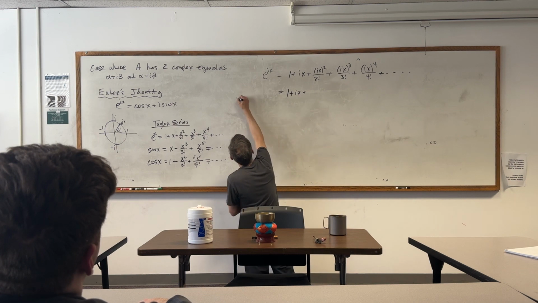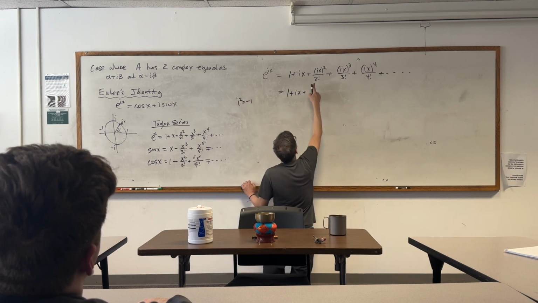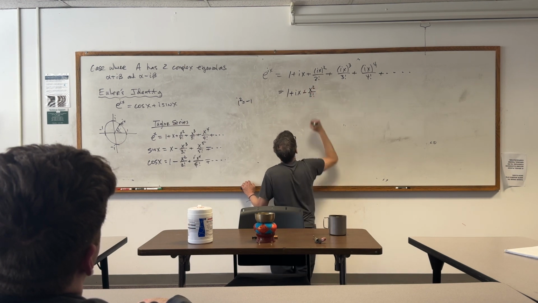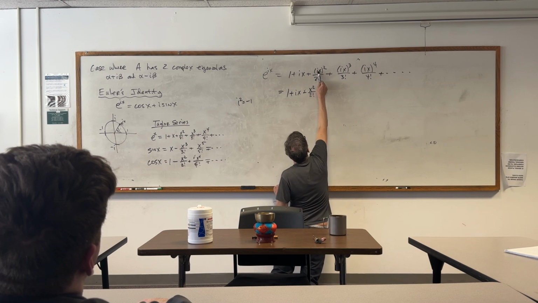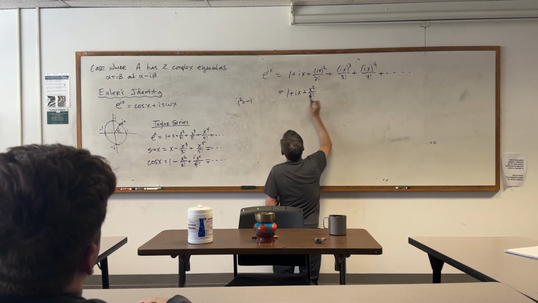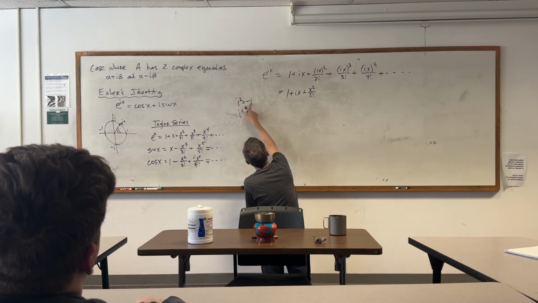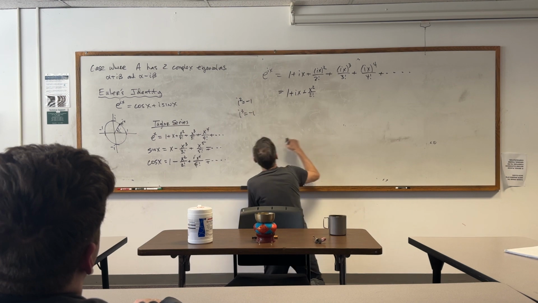And we know that i squared is -1. So that's no longer imaginary. That's just minus x squared over 2 factorial. Because i squared is -1. And then i cubed is just -i. It's just i times that on both sides.